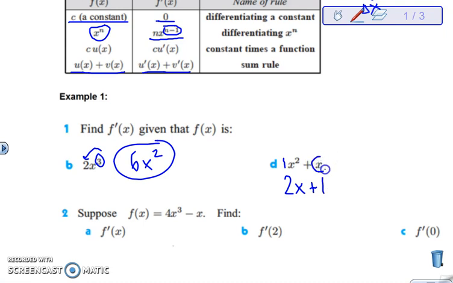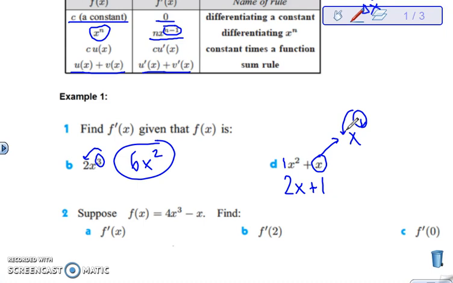Another way to think of the x by itself, if I don't write an exponent, then it's implied that it's 1. 1 times 1 gives me 1.